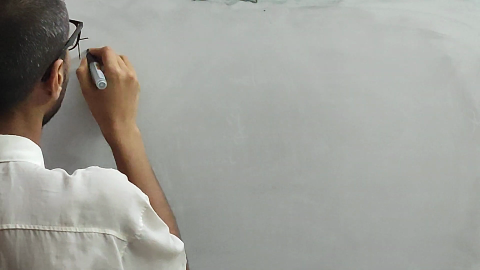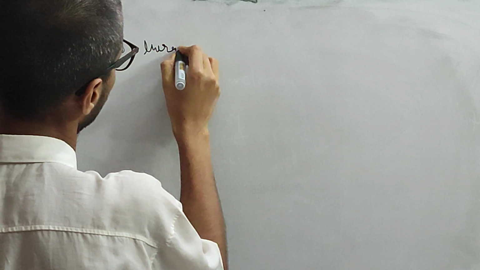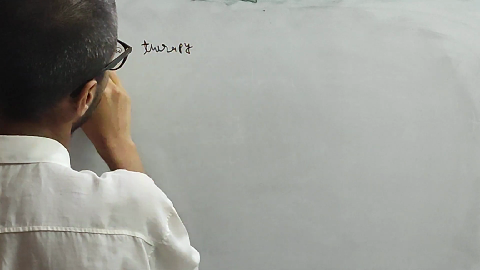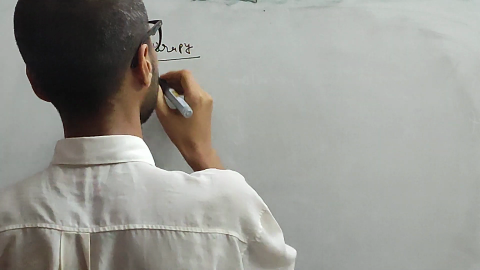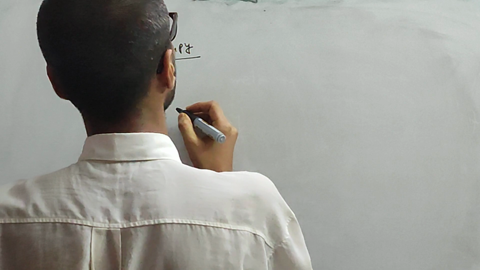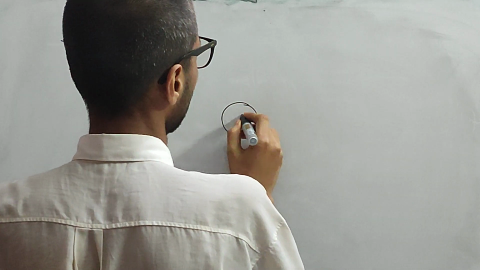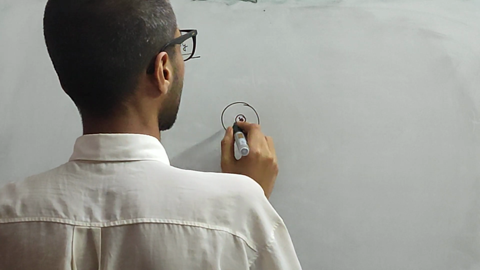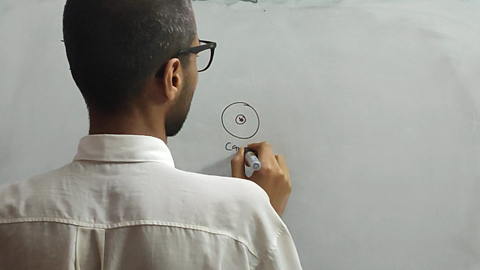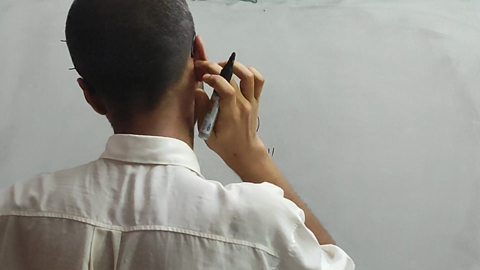Now let's talk about targeted therapy. I told you that it targets certain genes and proteins in cancer cells. So this is a cell, this is the nucleus, and this is the protein. For a normal cell to become a cancer cell, what steps occur?